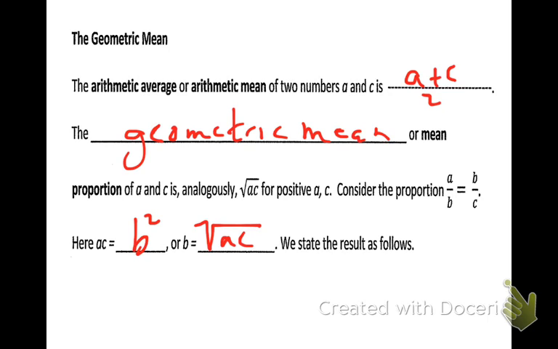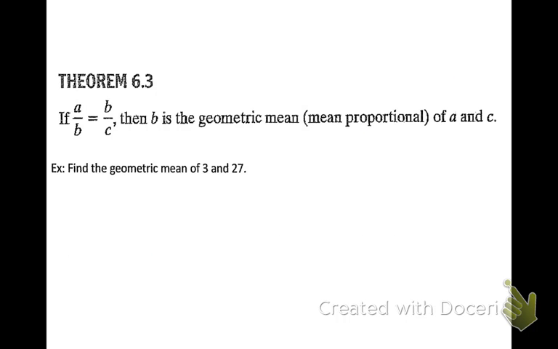So the geometric mean, don't make it harder than it is. You are to find the geometric mean of two numbers. Okay? You're going to multiply them and take their square root. So in the example, find the geometric mean of 3 and 27.